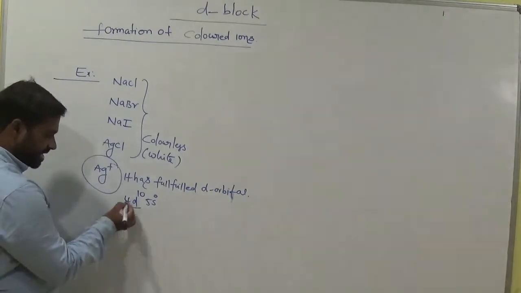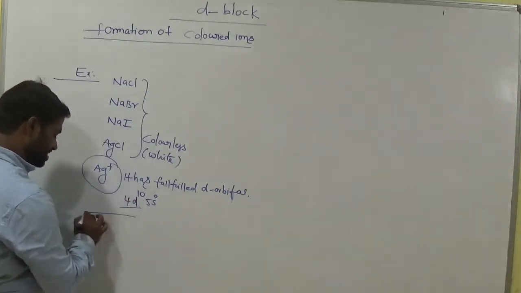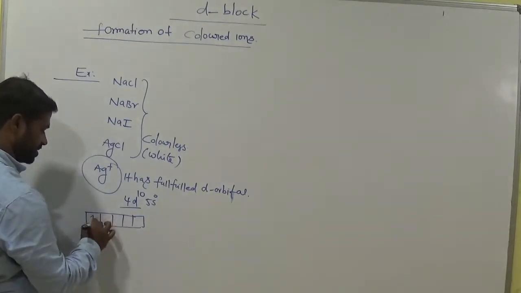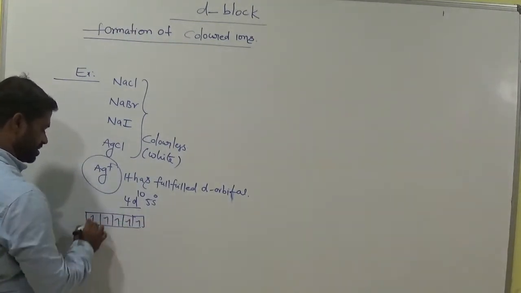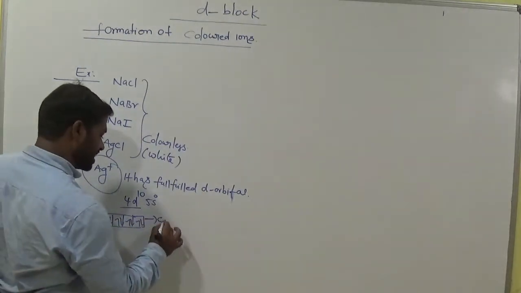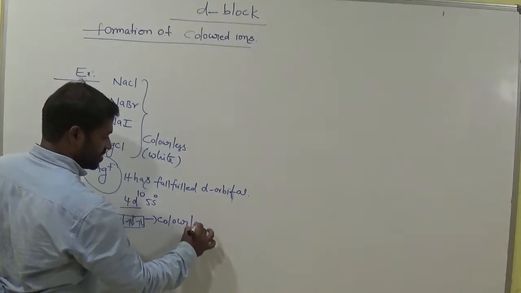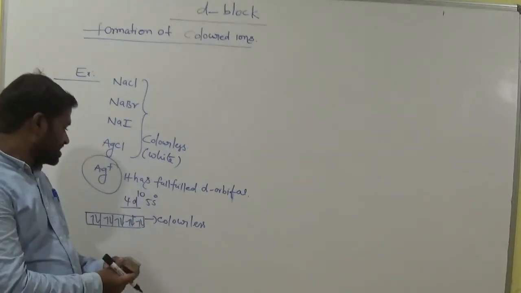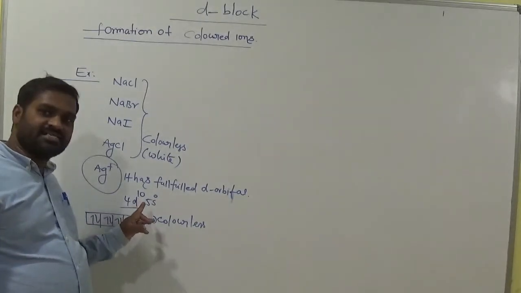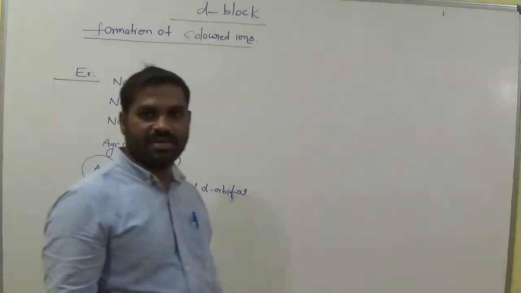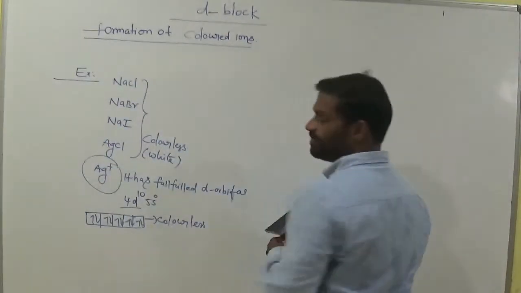In the 4d there are 10 electrons. So this kind of property is called colorless. If you check the electronic configuration of Ag plus, there are 10 electrons in d. So a completely fulfilled d orbital is colorless. Clear? So these are all colorless. Keep it in our mind.